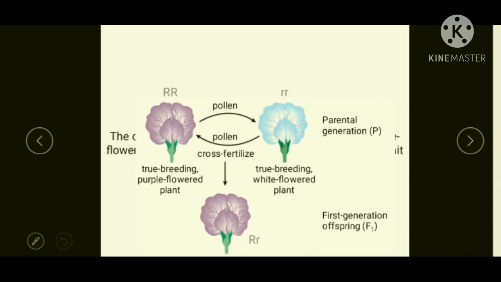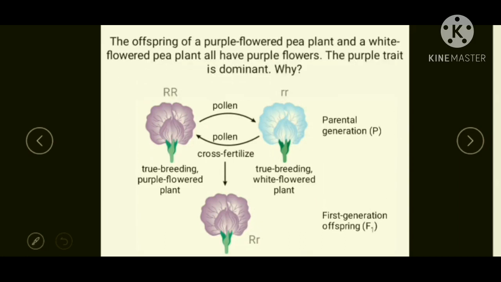Let us see it. Here, the offspring of a purple flowered pea plant and a white flowered pea plant all have purple flowers. Here there is a true breeding purple flowered plant, which is homozygous dominant, and here there is a true breeding white flowered plant, which is homozygous recessive.